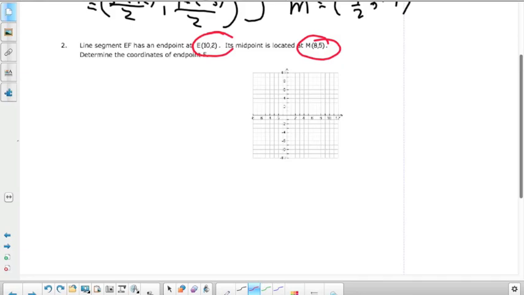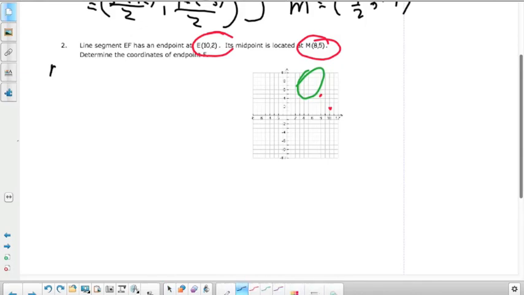My grid looks really bad. 10, 2 is one endpoint, and 8, 5 is the midpoint, roughly somewhere around here. So roughly, where does the other end have to be? Up here, right? We can measure, but we're going to do this by math.